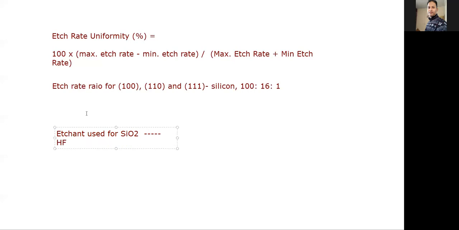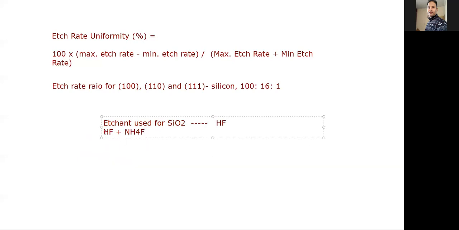Sometimes you use hydrofluoric acid in combination with ammonium fluoride. I don't have the subscript option right now, but this is basically NH4F. I guess you understand.